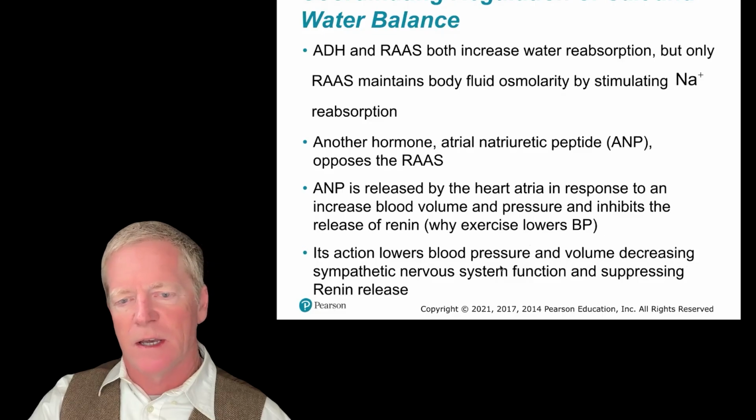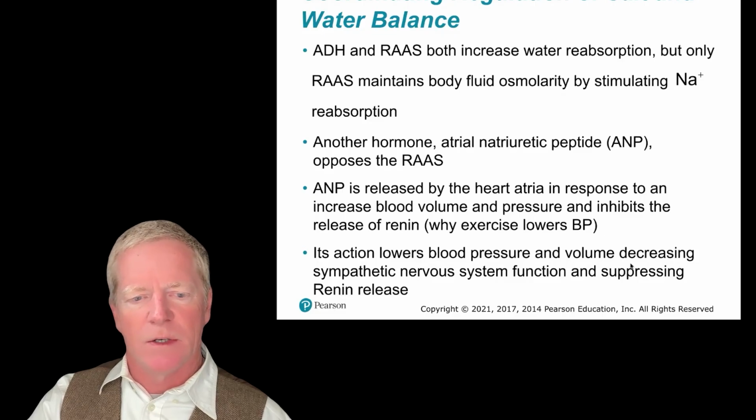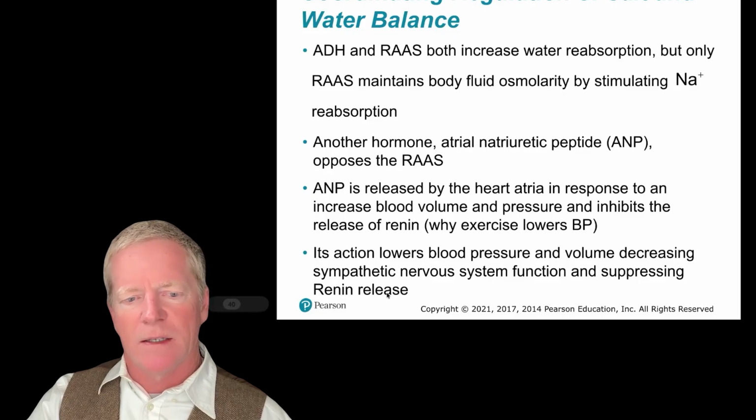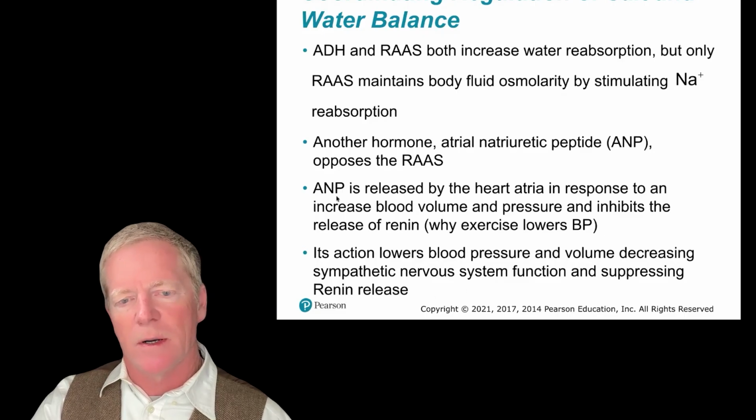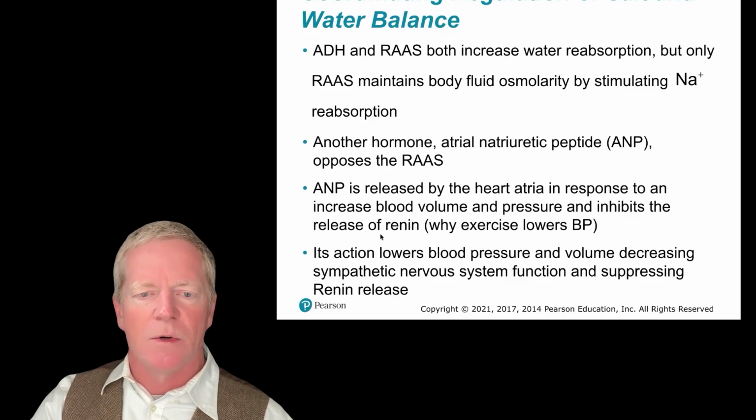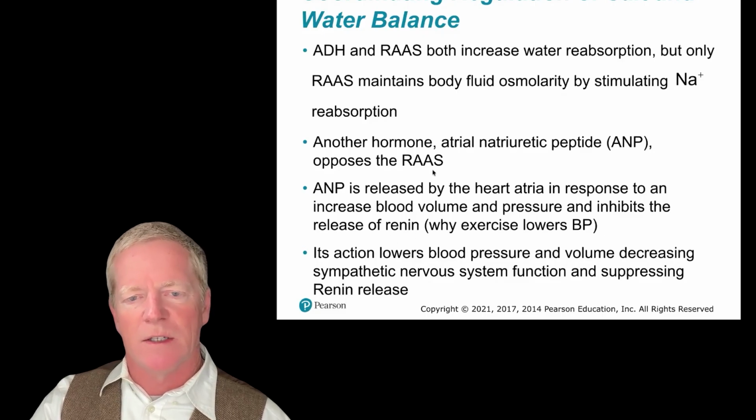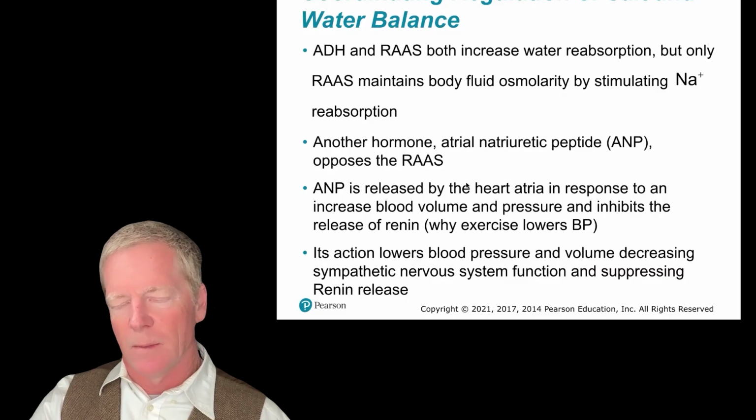This action is lowering blood pressure and decreasing volume, and at the same time it suppresses the release of renin, because atrial natriuretic peptide also inhibits the release of renin, and so suppresses the entire renin, angiotensin, aldosterone pathway.